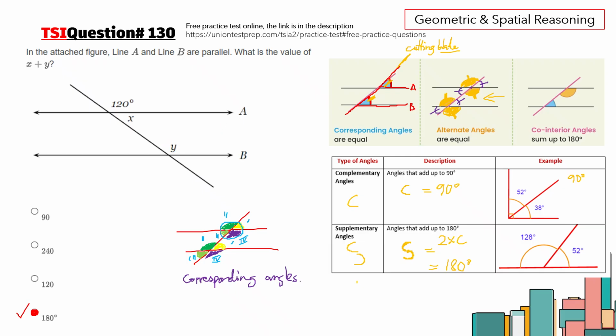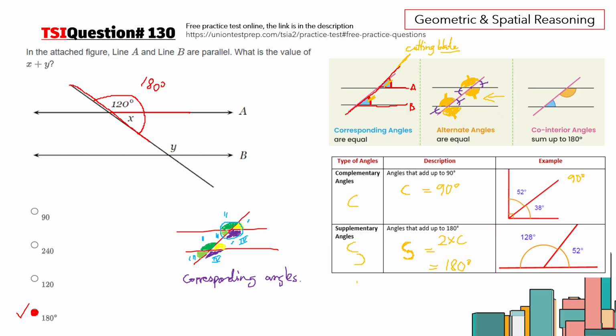For example, if I forgot about the co-interior angles, then I will find out the 120 and X. This is from a line, right? It's kind of like a plate that divides into two angles. Those two angles come from 180.